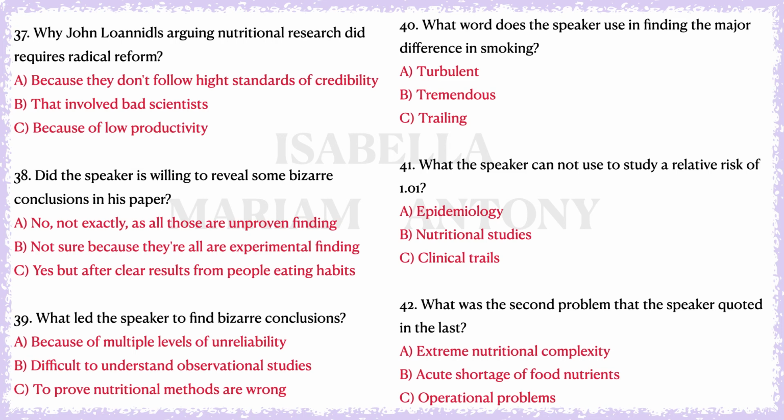The type of research that is being done in nutritional epidemiology, it's not an issue that there's bad scientists involved in it. You know, maybe excellent scientists are involved in it, but the odds of getting it right are extremely small.